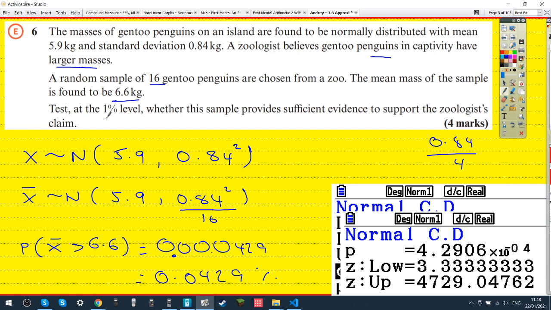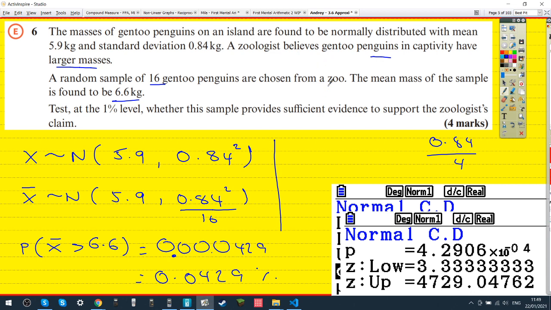And so what does that tell you? Does that support his hypothesis or not, that Gentoo penguins in captivity have larger masses? It probably supports it. Yeah, definitely supports it.